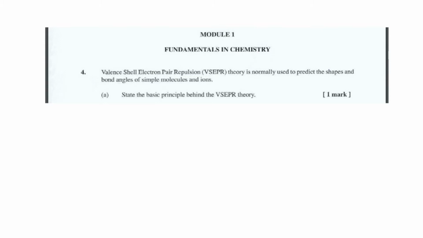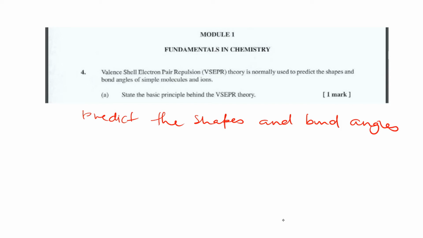So I'm going to do just a mini presentation about the VSEPR theory. As the question says, it's used to predict the shapes and bond angles of simple molecules and ions.